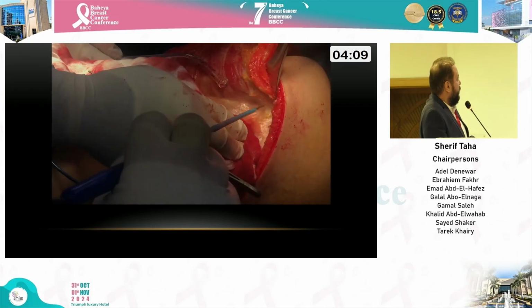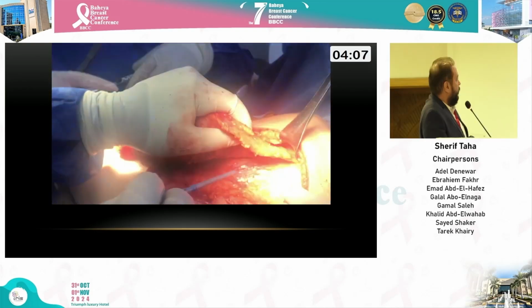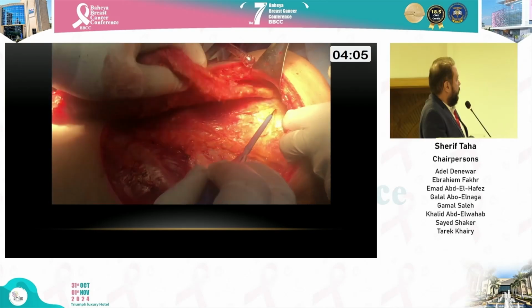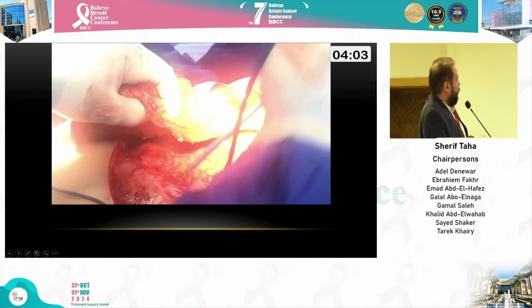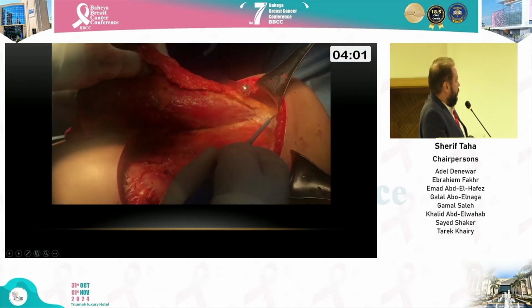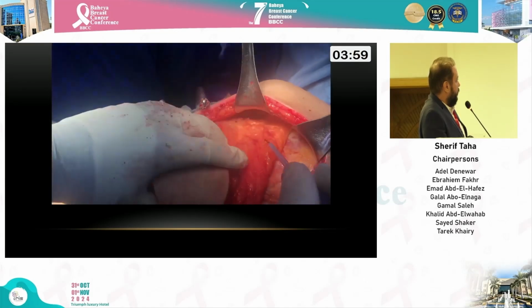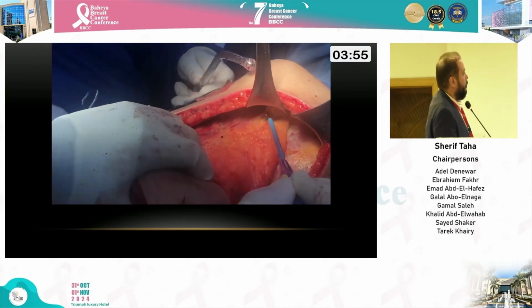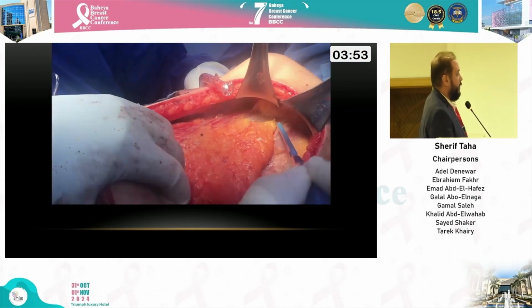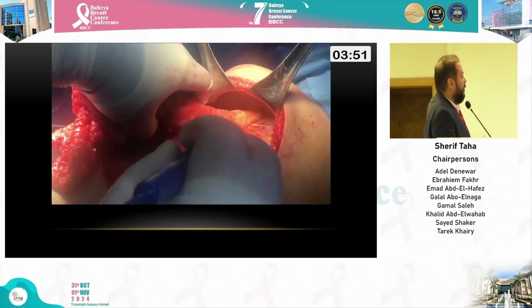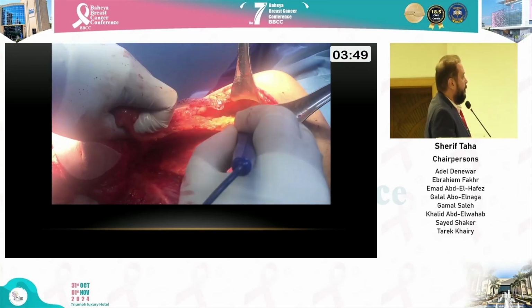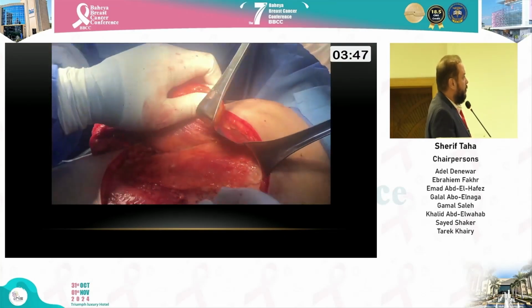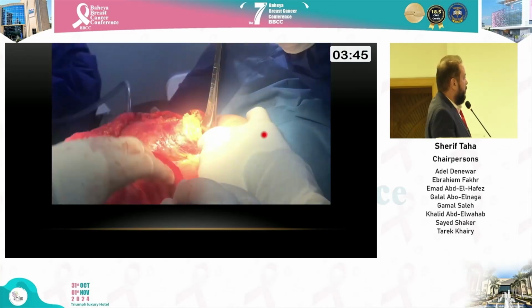Here I think you can see the section over the tendon of the LD in order to slim it as much as possible in order to be passed to the front.